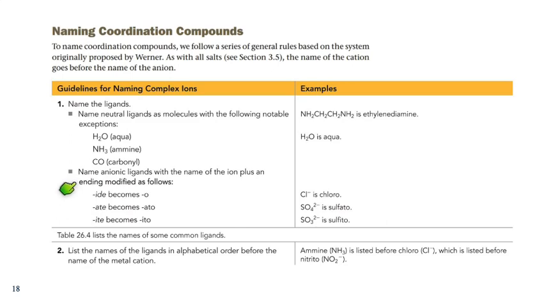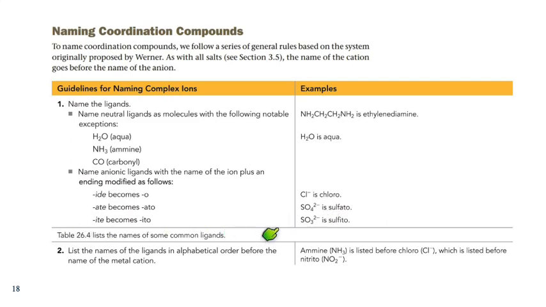with the name of the ion plus the ending modified as follows. So if you have something like chloride, Cl minus is chloride. When you name it as a ligand, you change the ide ending to O. So that becomes chloro. The ates, like sulfate, becomes sulfato.